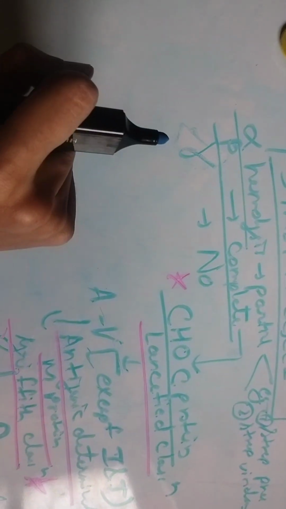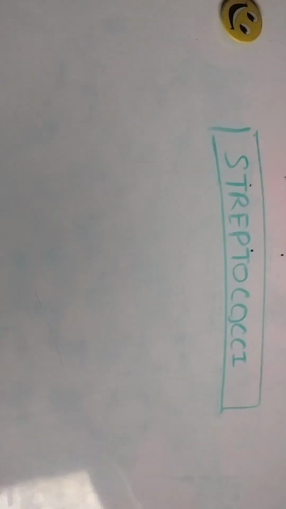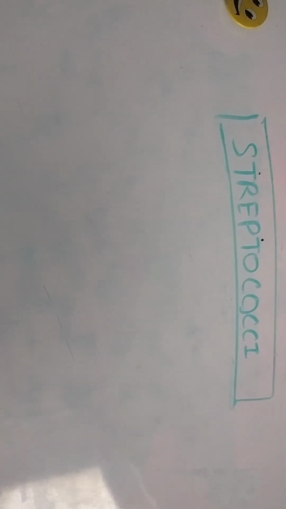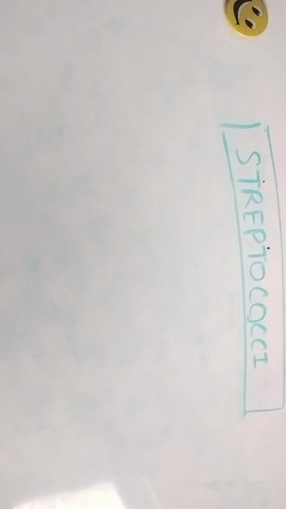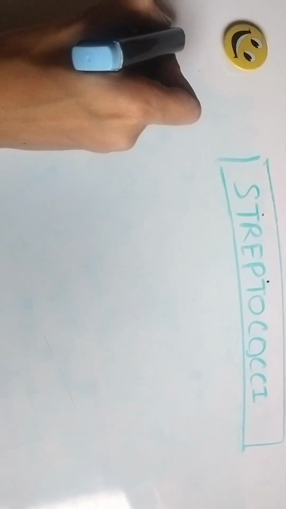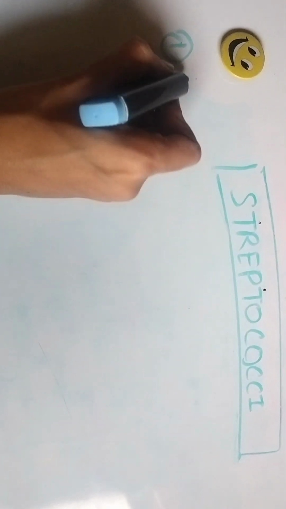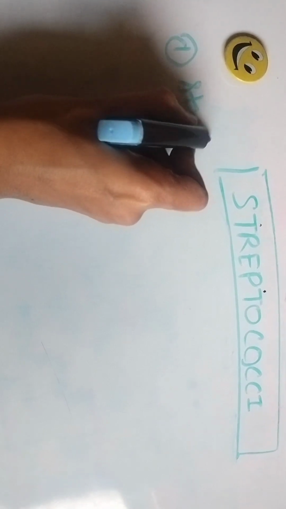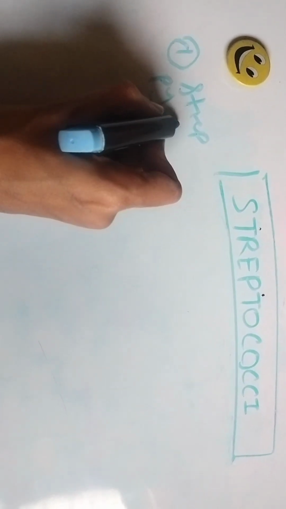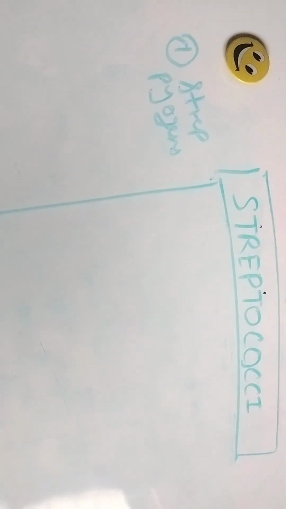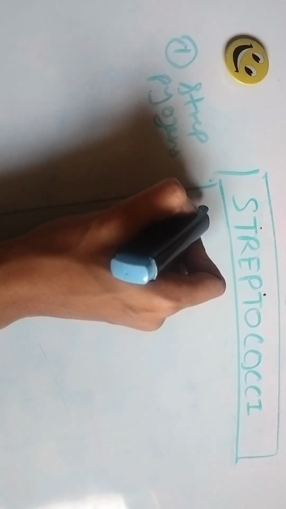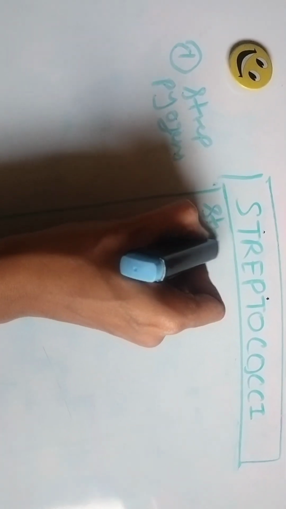Further, we move on to the types of streptococci. We have to make a table for the types of streptococci. The first type is Streptococcus pyogenes. Second is Streptococcus agalactiae.